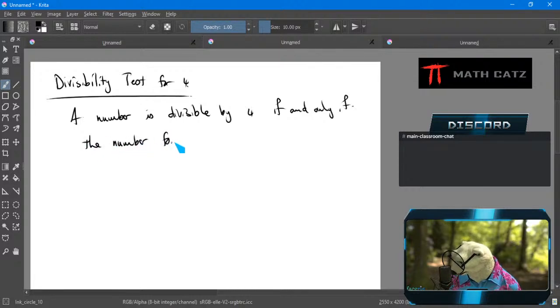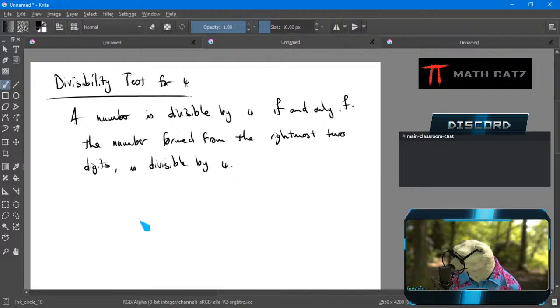The number formed from the rightmost 2 digits is divisible by 4.